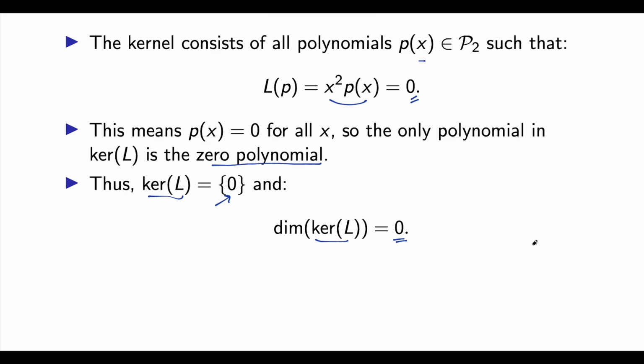You know, a set is said to be a basis if it is linearly independent and it spans the whole space, right? So this zero vector is not at all linearly independent. Therefore, the dimension is 0 for the kernel.